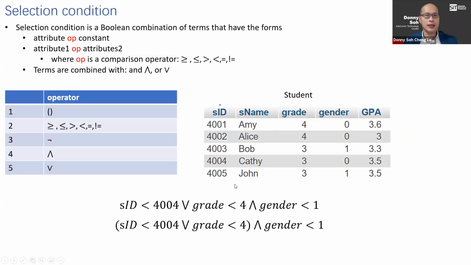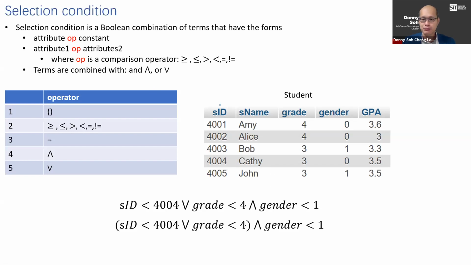Subsequently, a question was asked on this slide, which I'll go through later on. The condition is attribute operator constant, or attribute operator attribute. My operator is a comparison operator that looks like this, and they can also combine various terms.